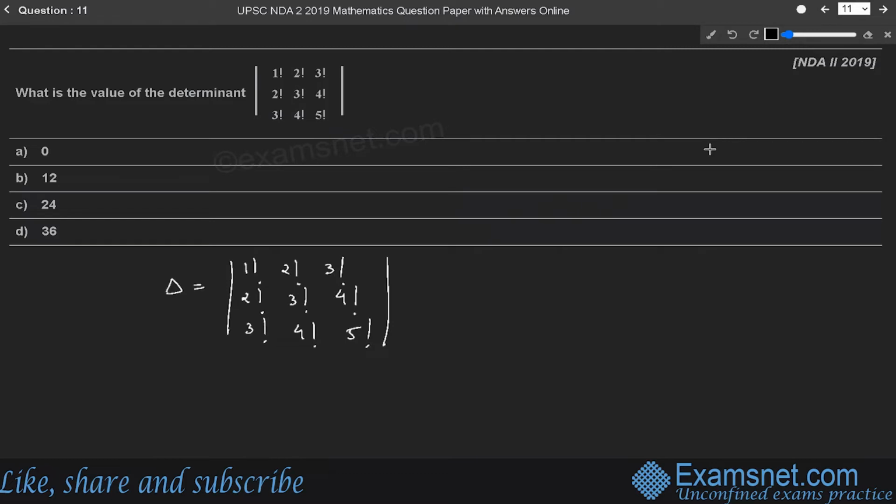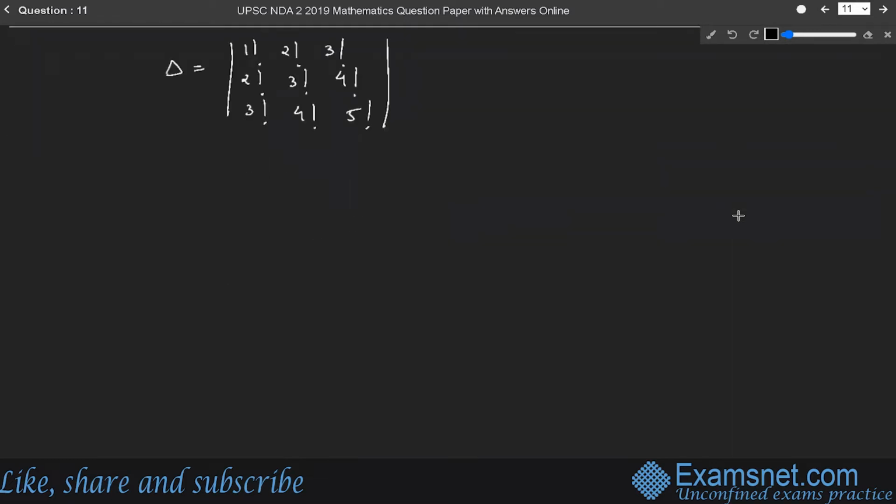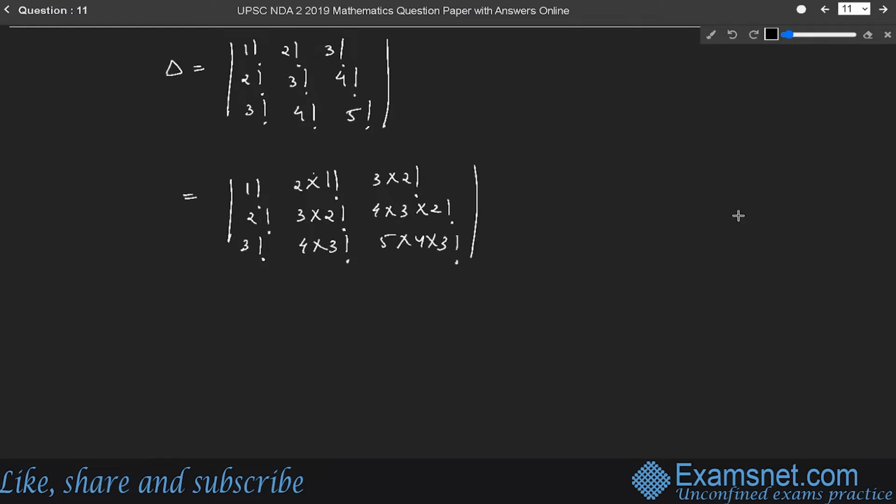Now, it can also be written as 1 factorial, 2 into 1 factorial, 3 into 2 factorial, 2 factorial, 3 into 2 factorial, 4 into 3 into 2 factorial, 3 factorial, 4 into 3 factorial, and 5 into 4 into 3 factorial.